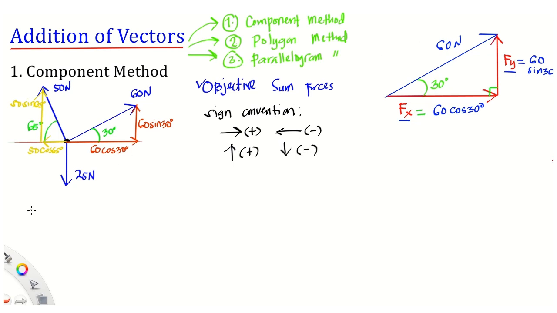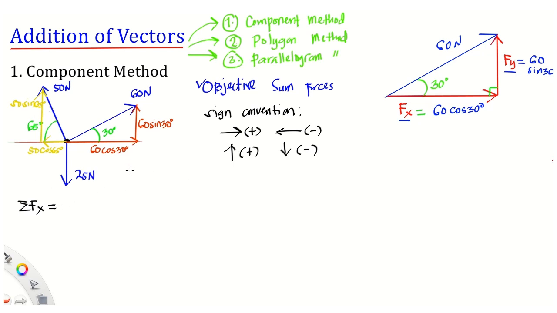Now, how do we sum? The way to sum this is we are going to sum them by components. So we are going to sum the x component. This is summation of x component. We are going to sum all forces that are acting with respect to x-axis. What are the forces that are acting with respect to x-axis?